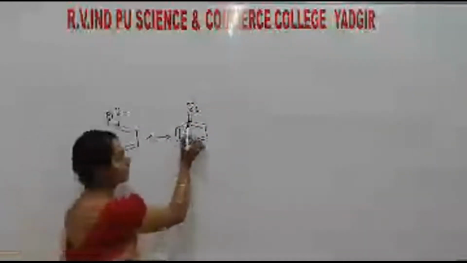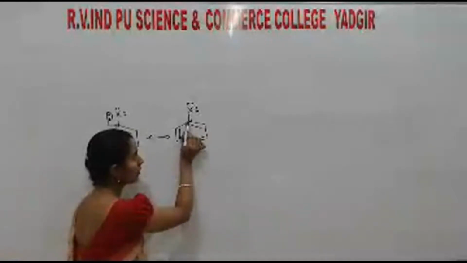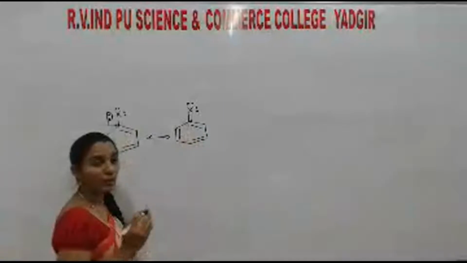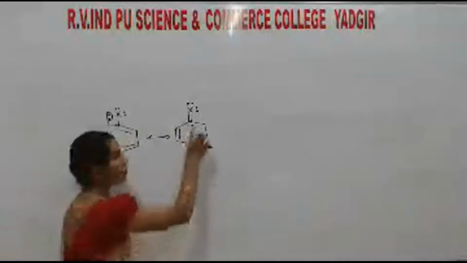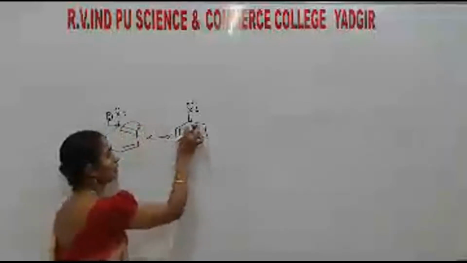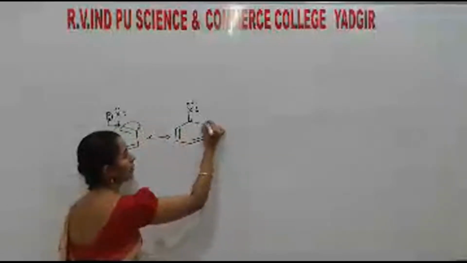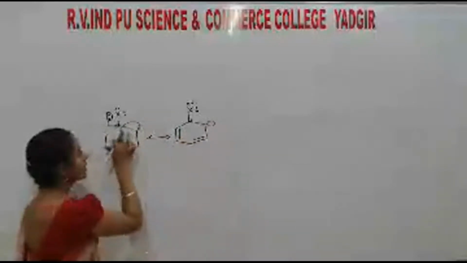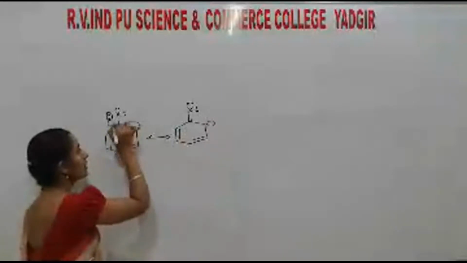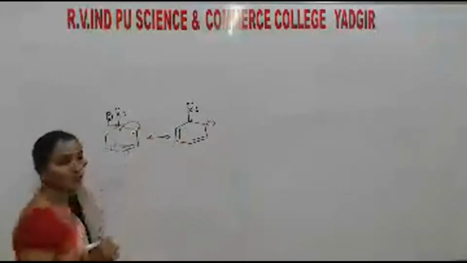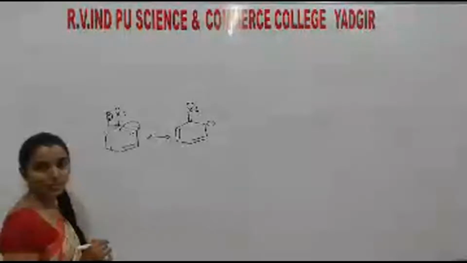So here, listen. To this carbon atom, 1, 2, 3, 4, 5 bonds are there. For carbon, how many bonds are possible? Only 4. So these electrons shift here. Then here we will get a minus charge. Why? Because listen, here one electron belongs to this carbon, another electron belongs to this carbon.